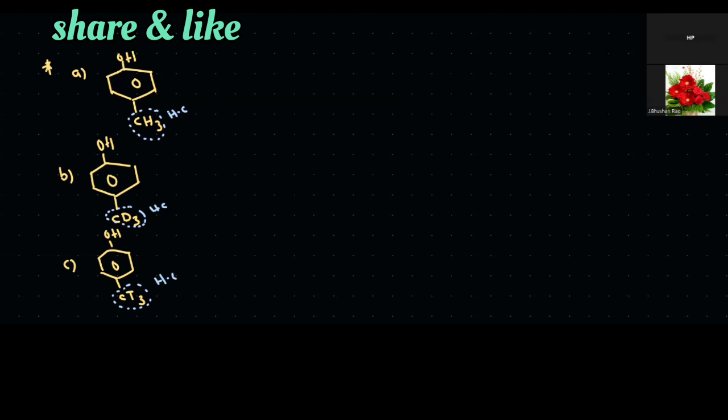For this kind of compounds, which one has more acidic strength? How to identify that? Here hyperconjugation dominates more than the inductive effect. Here also there are inductive groups, but the inductive effect is also present in CT3, CD3, CH3. First, hyperconjugation is common in all cases, but with H3, D3, T3.